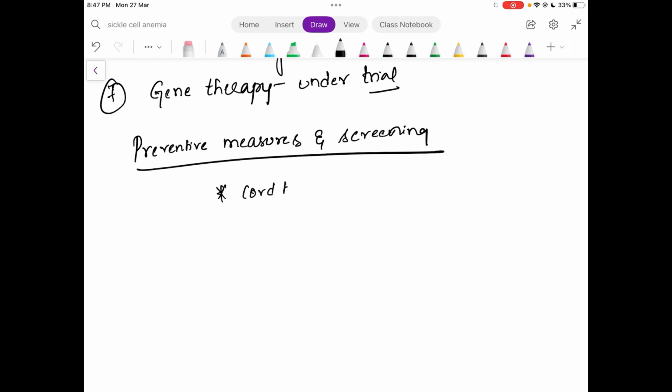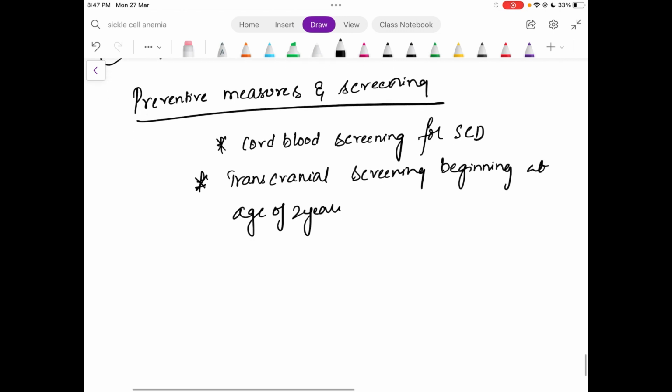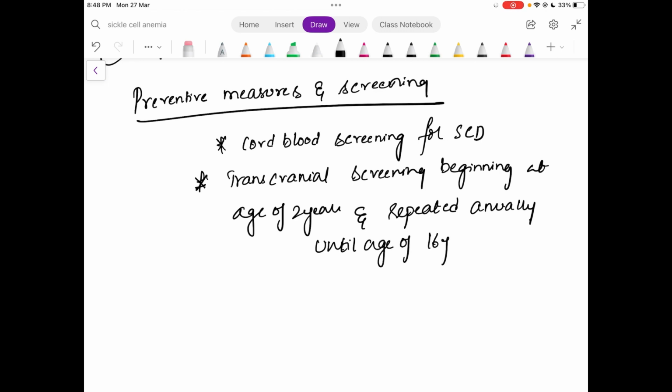You can do cord blood screening for sickle cell disease, and transcranial screening beginning at age of 2 years, and it is repeated annually until age of 16 years.